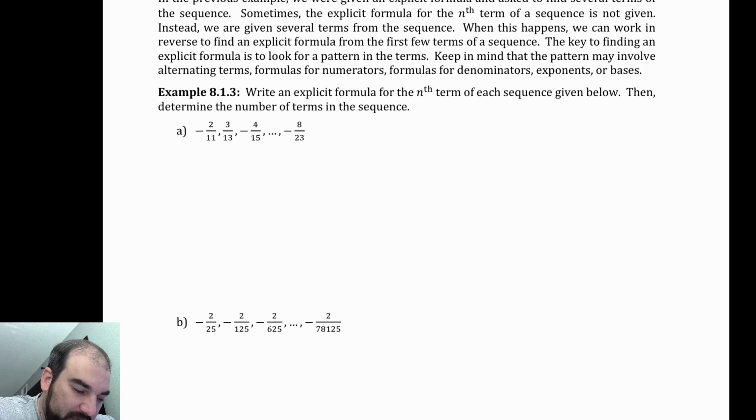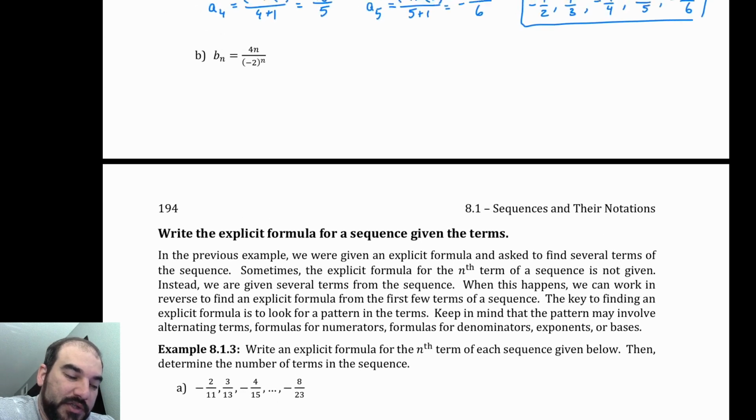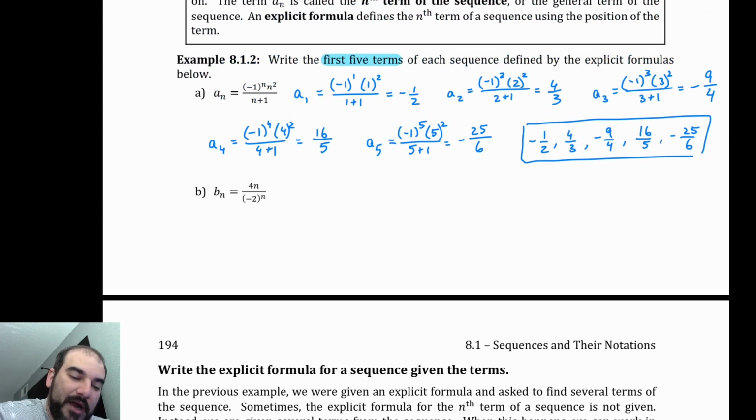In the examples where you have fractions, just like we saw in this example back here, I pointed out that there was some kind of pattern for the numerators and a separate pattern for the denominators. And remember that came from the formula having an explicit formula in the numerator and an explicit formula in the denominator.